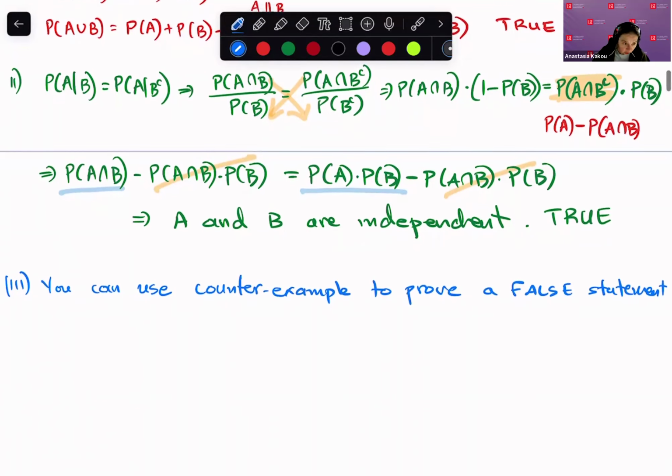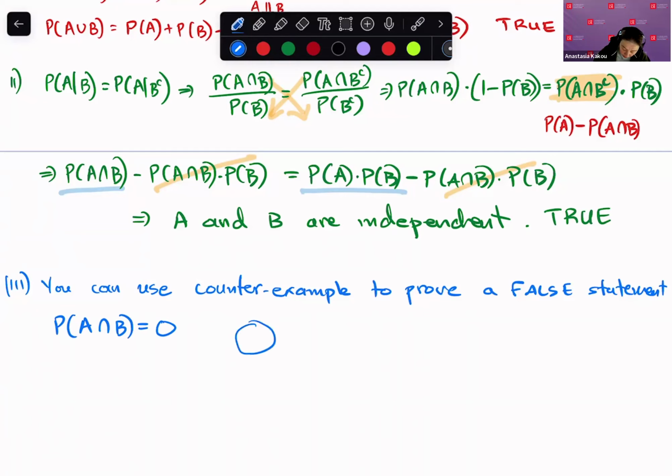So let's start with the definition that A and B are disjoint, which means that the probability of their intersection is 0. So that set is empty.